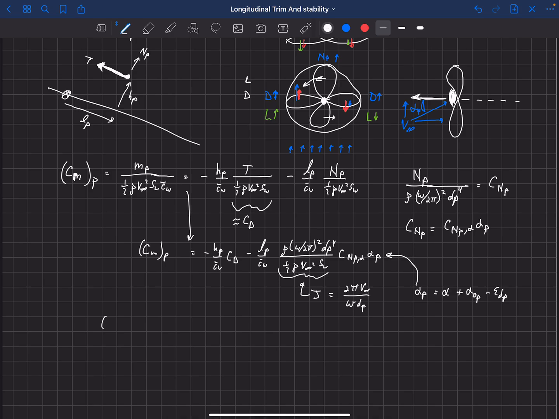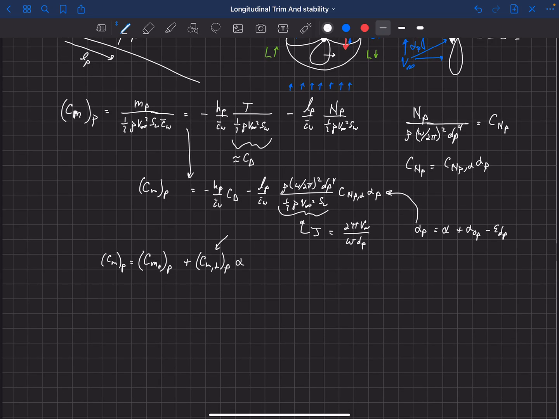We're going to say that Cm of the propeller can be written as some Cm naught of the propeller plus Cm alpha of the propeller times alpha. The reason we like to split this up is because this term here affects our pitch stability derivative on the entire aircraft. So we can take that term and just add it directly into our pitch stability derivative to see how the propeller is going to affect the pitch stability of the aircraft.